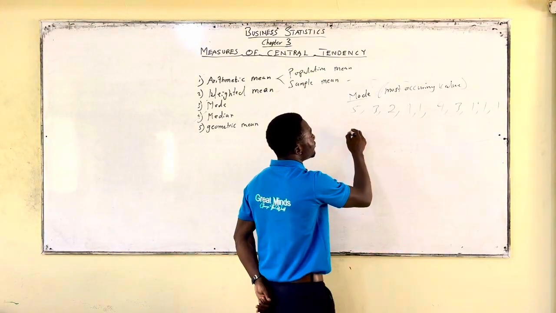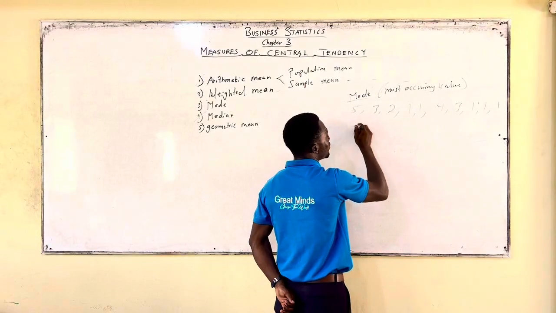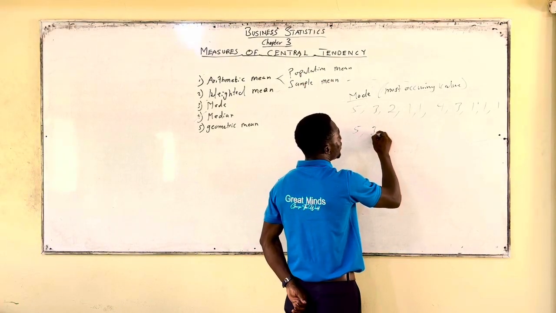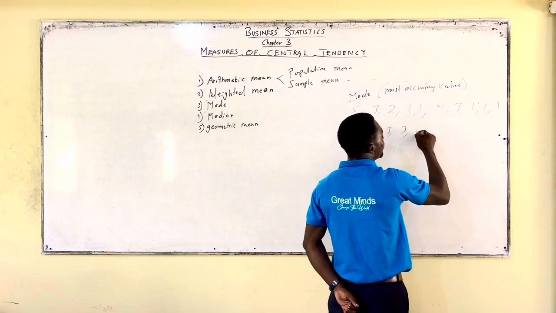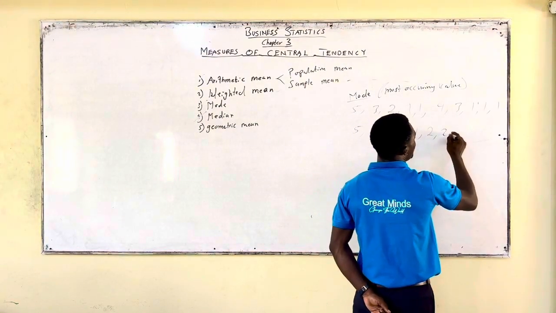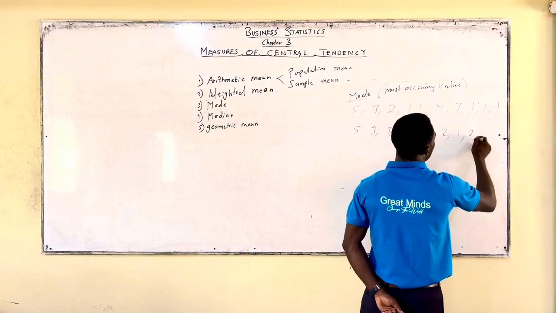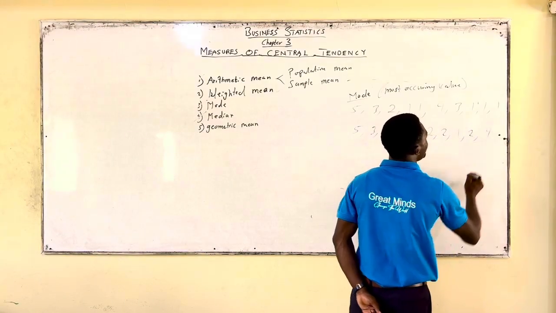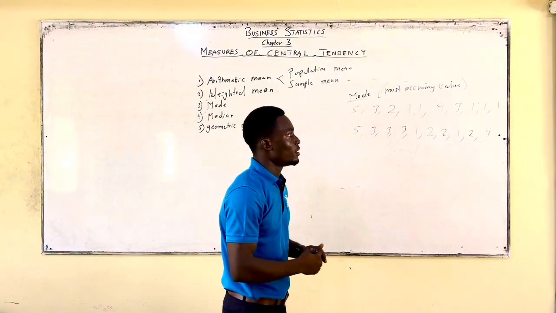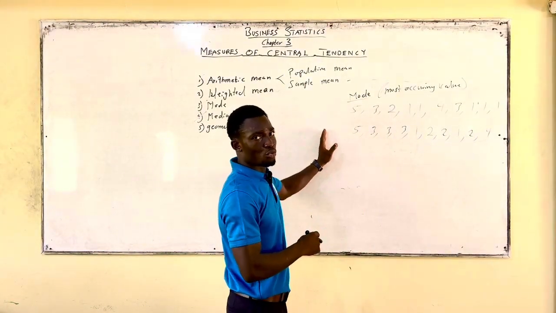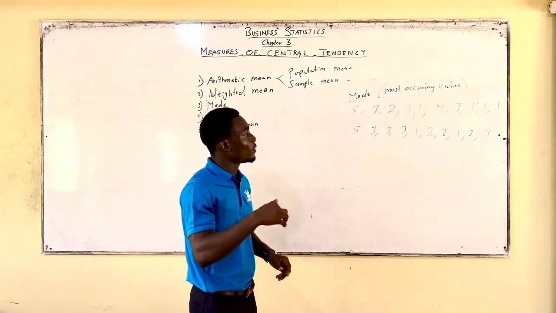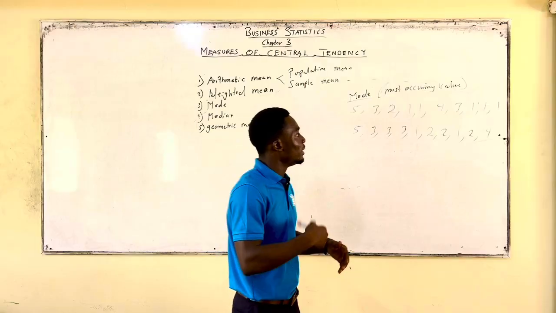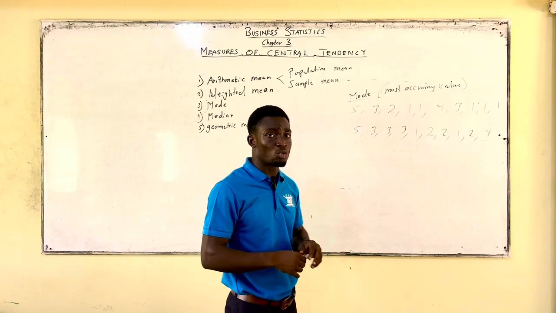And then let's say we have 5, 3, 3, 3, 1, 2, 2, 1, 2, 4. Now, you see these two. These are all given data. So we are looking at mode.